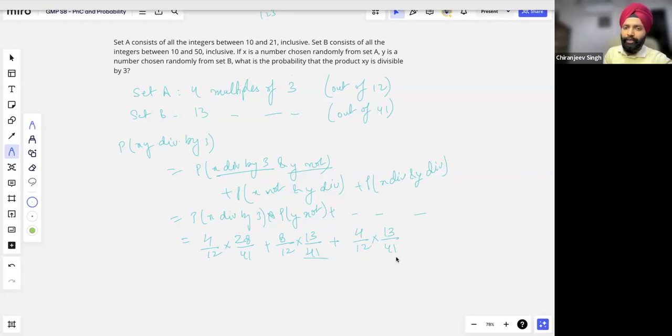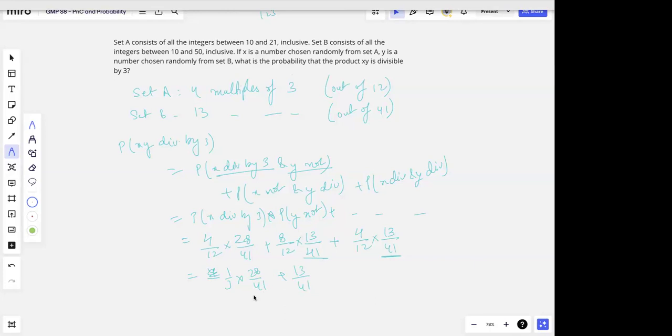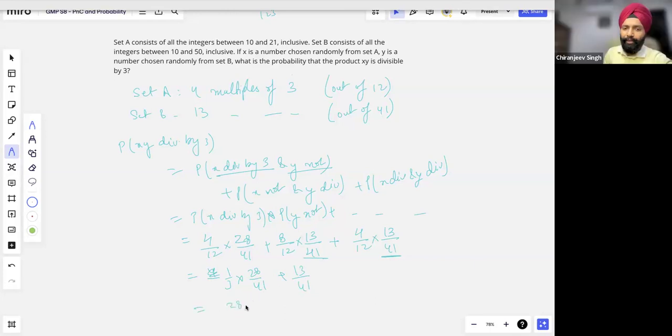In these two, you can take 13 by 41 common. So you'll have 8 plus 4 by 12, which is 1. Essentially, you have 4 by 12, which is 1 by 3, into 28 by 41 plus 13 by 41. So 28 plus 39 by 123.